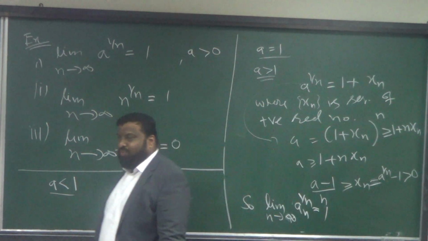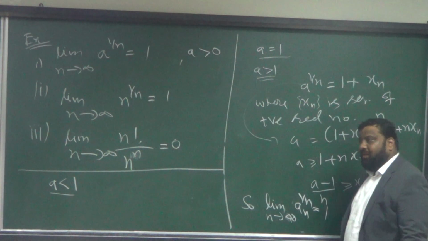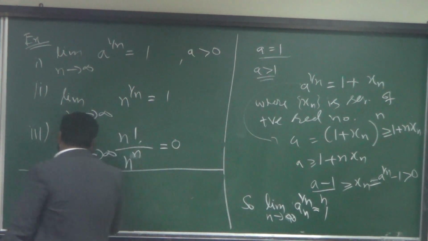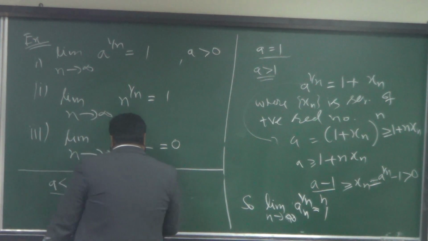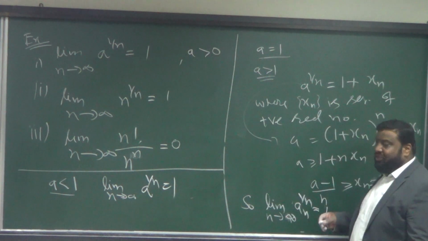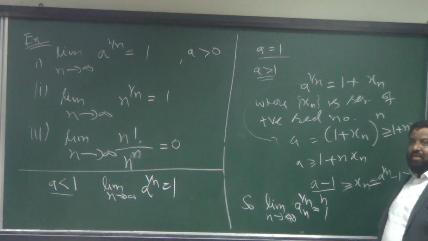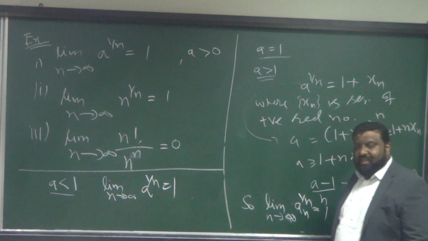I don't want to write a proof for... So I'm saying that I want to show that if a is smaller than 1, the limit as n goes to infinity of a raised to 1 over n is 1 actually. But I want to derive this proof directly from the proof of the previous part. So I don't want to write another proof. So how can I derive this directly?